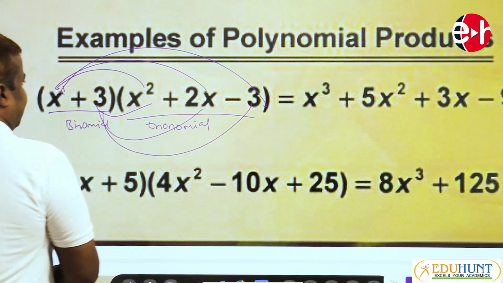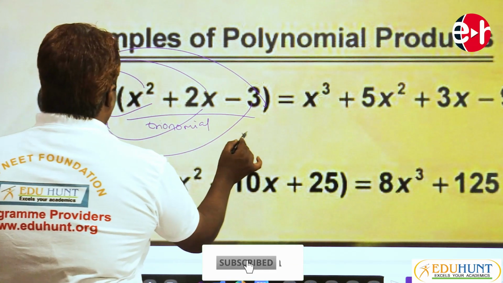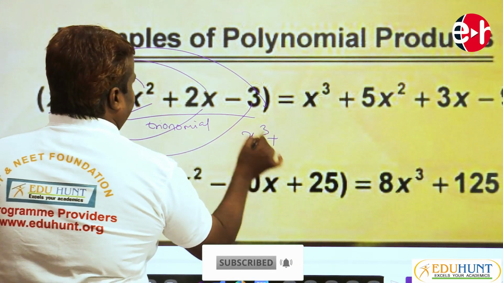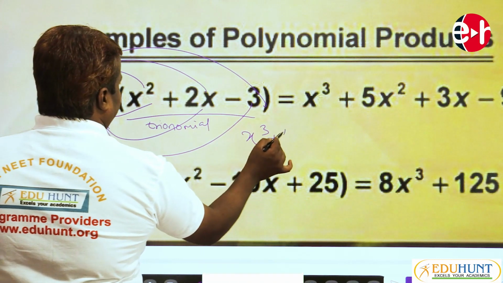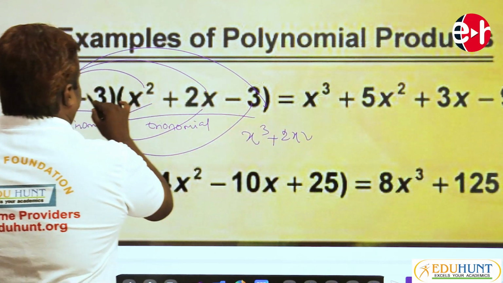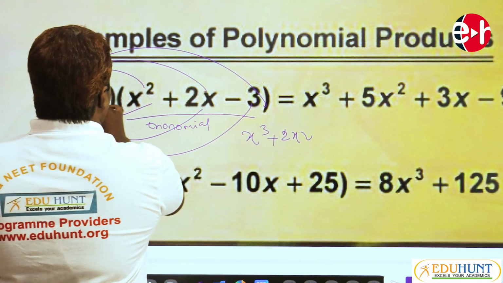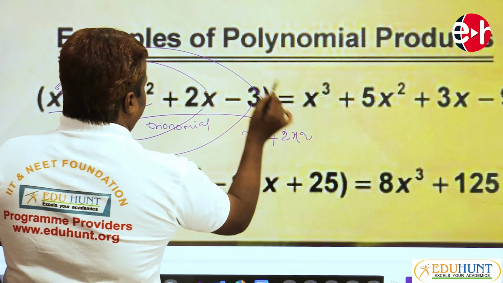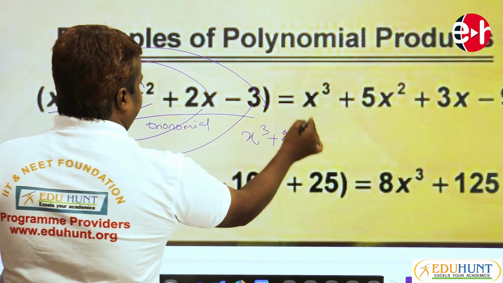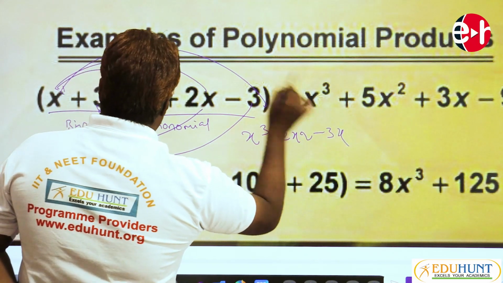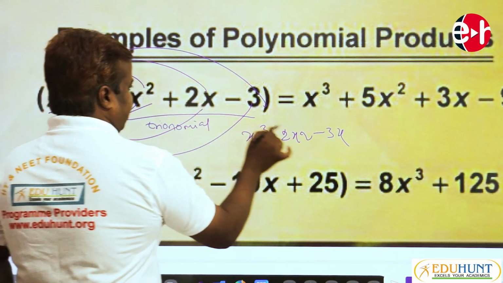How to multiply? You have to multiply like this here, x cube plus 2x square. You can get x with the remaining: x into x square, x cube. Now x into 2x, 2x square. Now x into minus 3, minus 3x, children. So here plus 3x square.